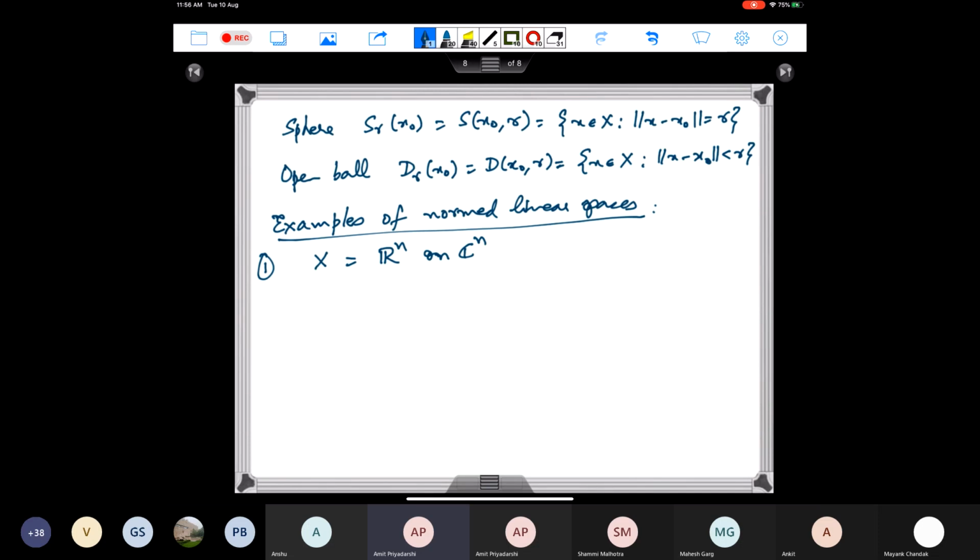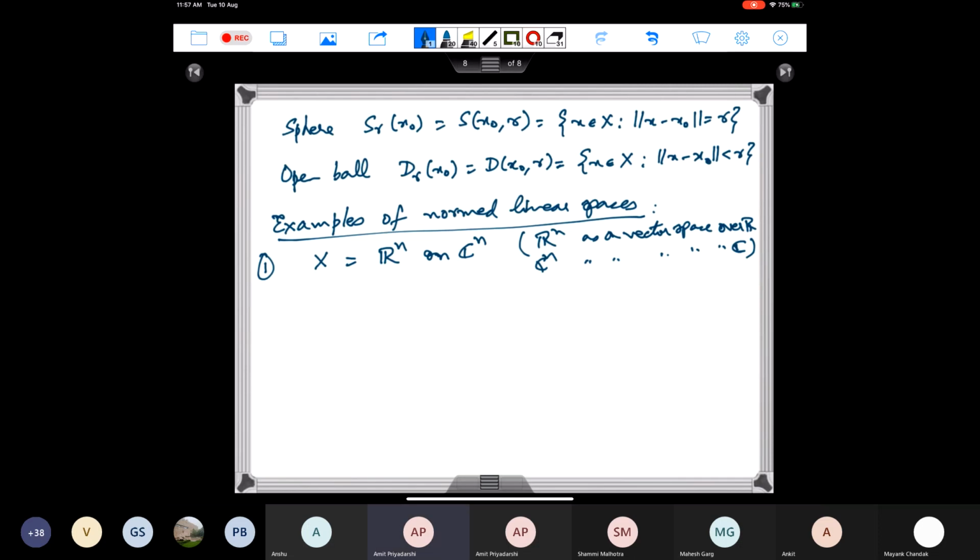When I write R^n, we are taking a vector space over R, and C^n is a vector space over C. So when we don't specify the field, this is the usual one we are taking.